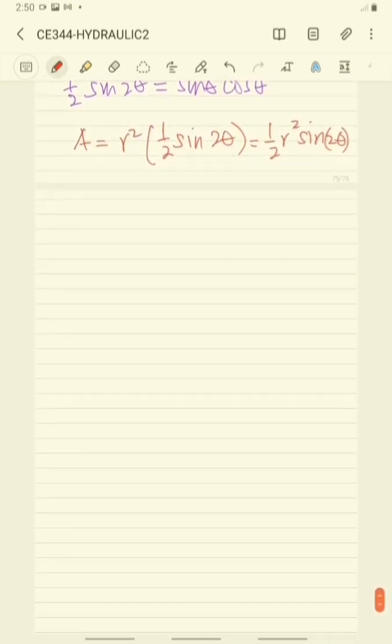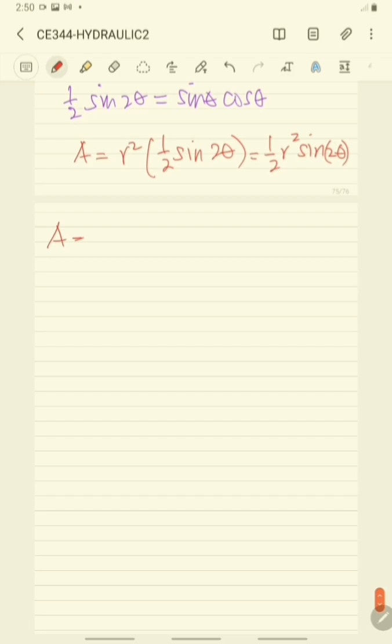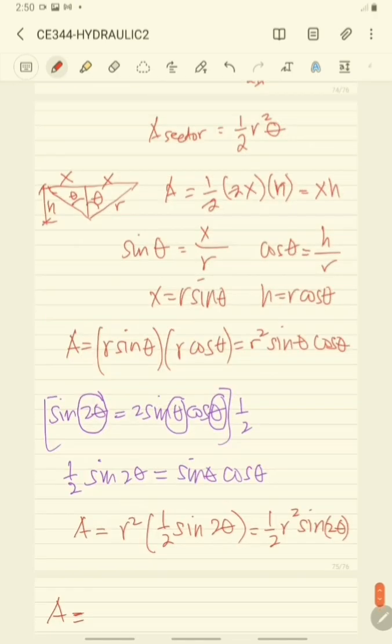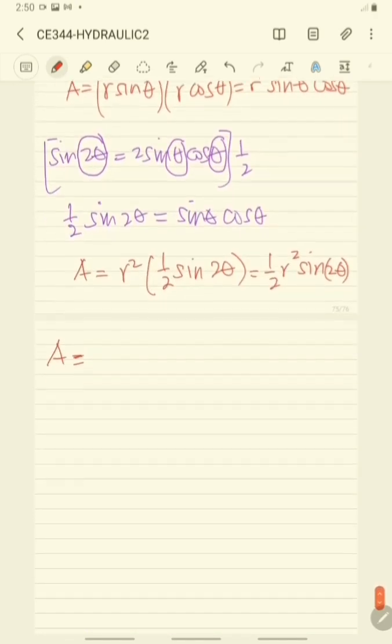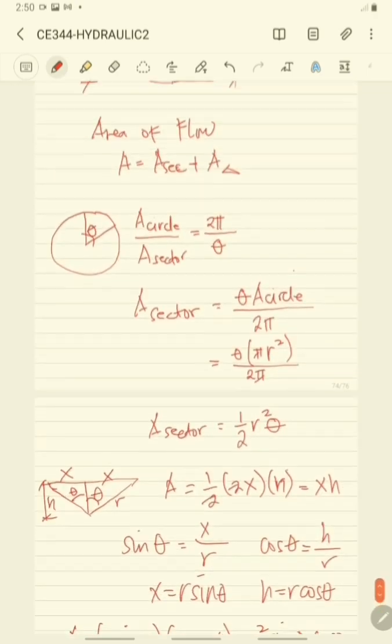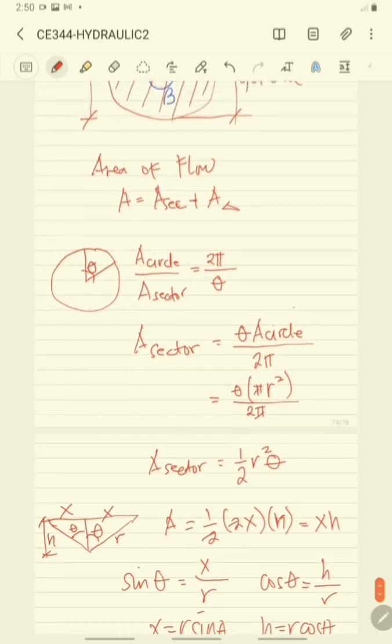We will use the derived formula. For the area of the sector, we have 1/2 r squared.